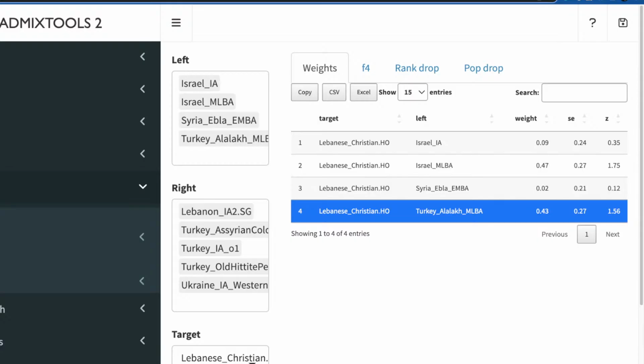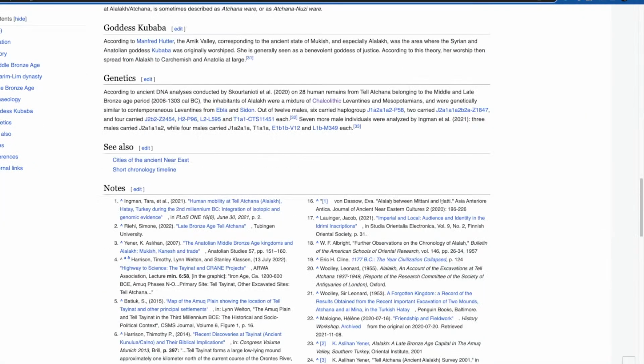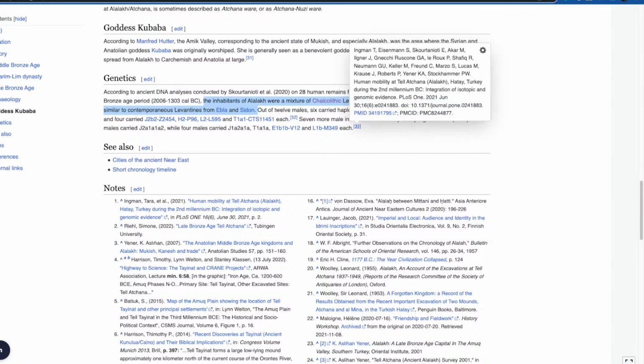And if you don't believe me, just go on Wikipedia, go to the source that states this. Right there. For those new to Wikipedia, that's the citation right there. You click on it, and you can read the article for yourself.